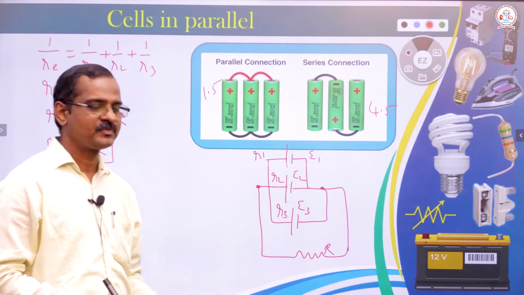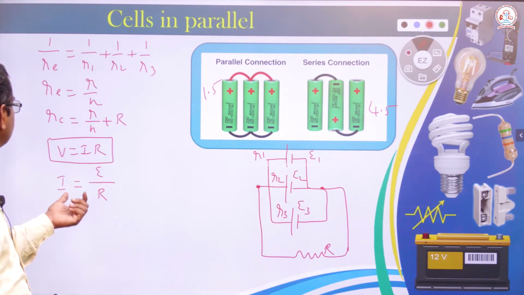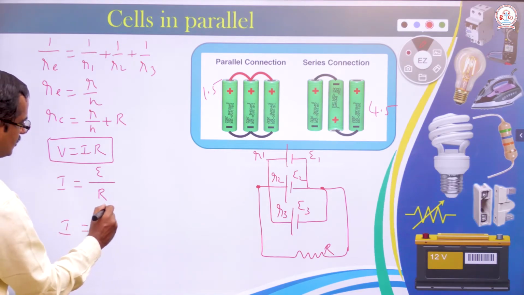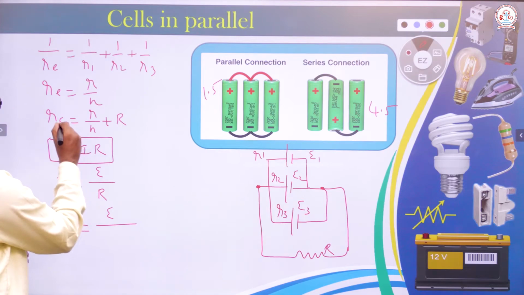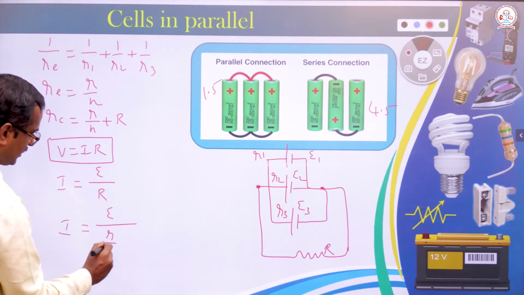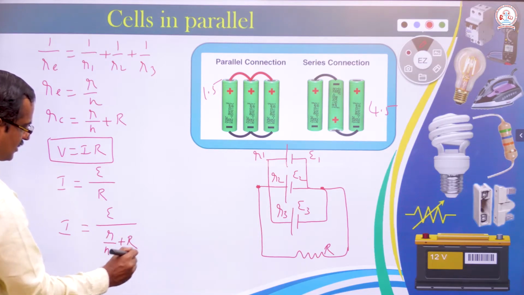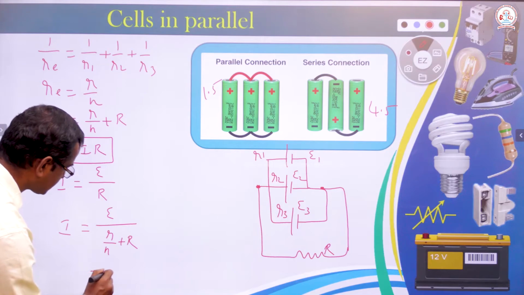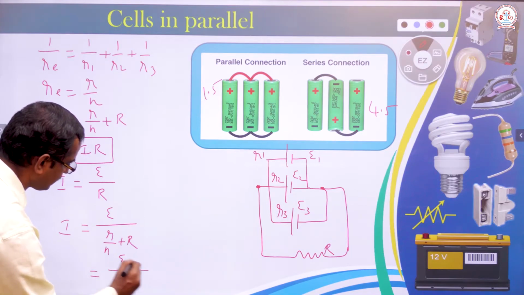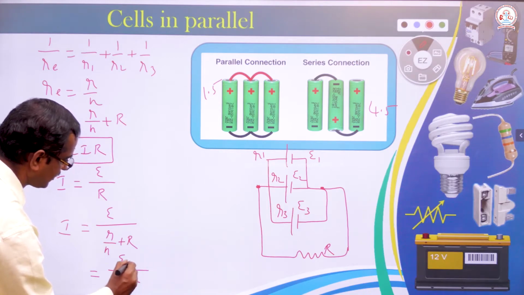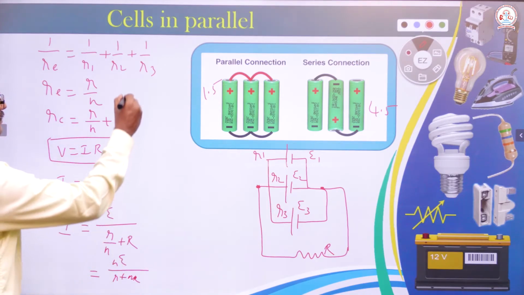Then current I is equal to epsilon divided by the effective resistance, which is R divided by N plus R divided by N plus R. And this can be written as epsilon divided by R plus N into R divided by N, that can be brought up here.